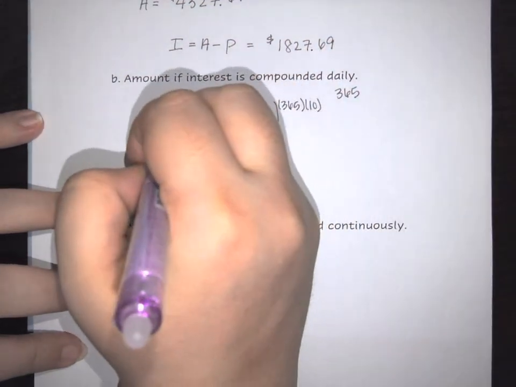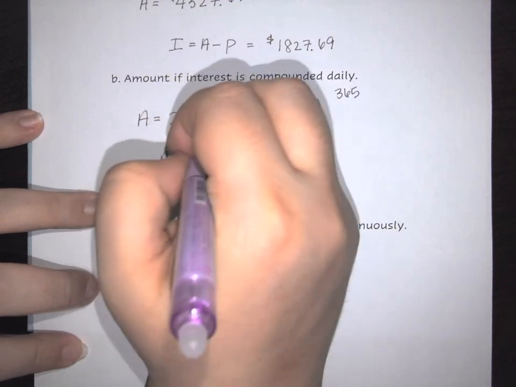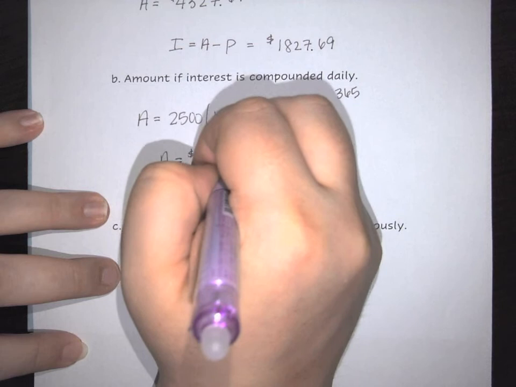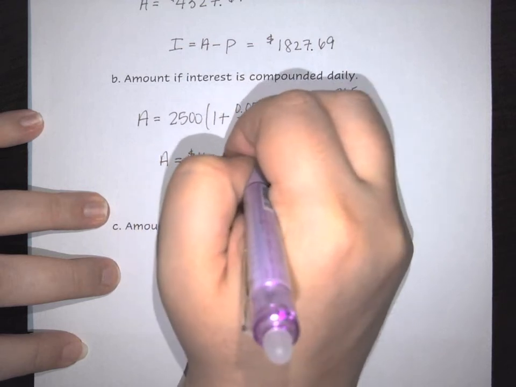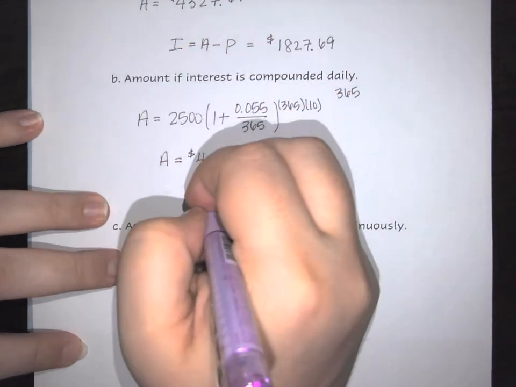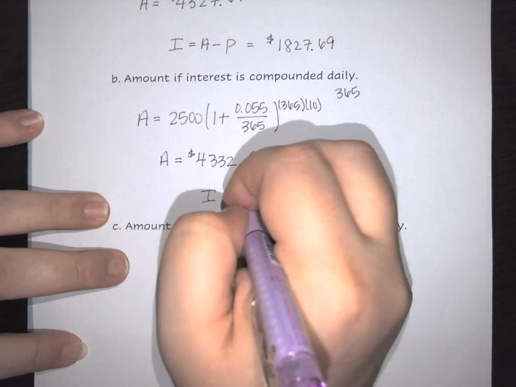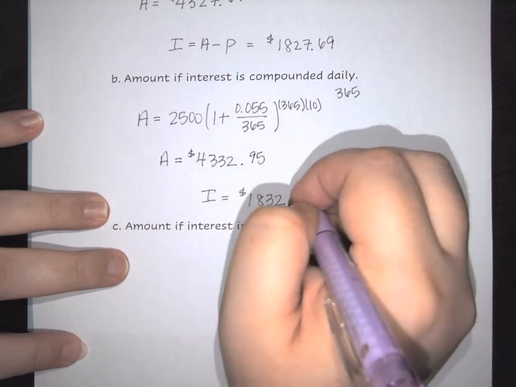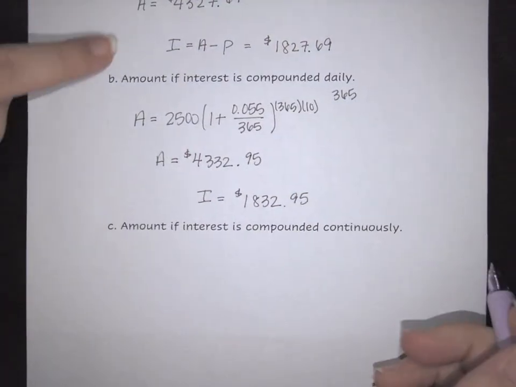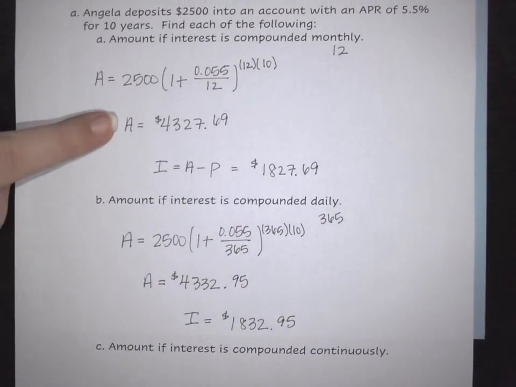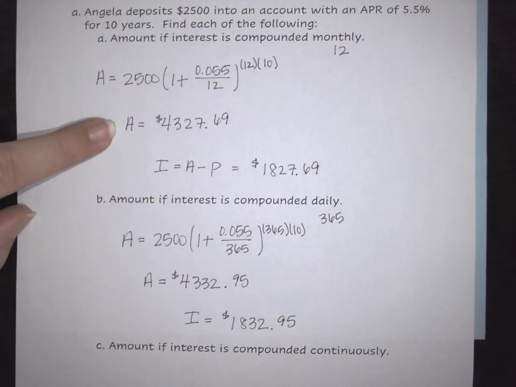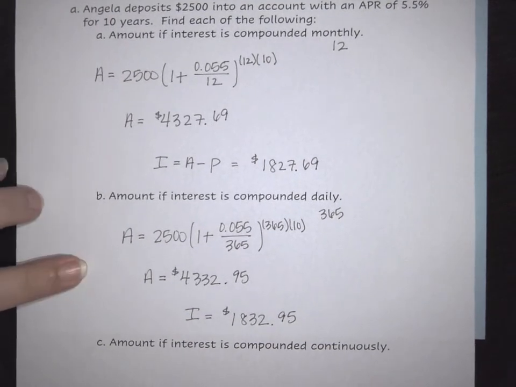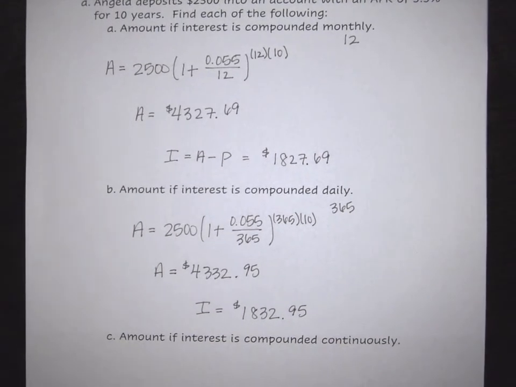So in this case, the amount in my account is going to be $4,332.95 with an interest being at $1,832.95. So if you're looking at these two different accounts, you can see that the more times your interest is compounded, the higher the amount of money in your account is going to be.